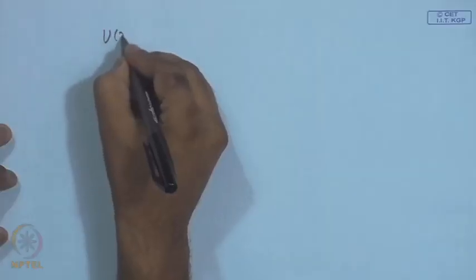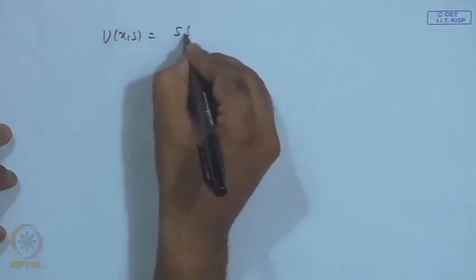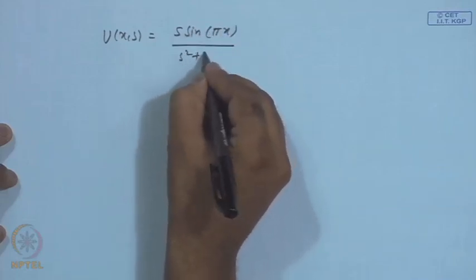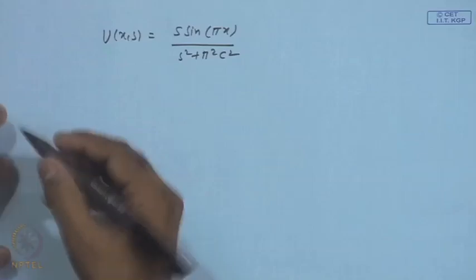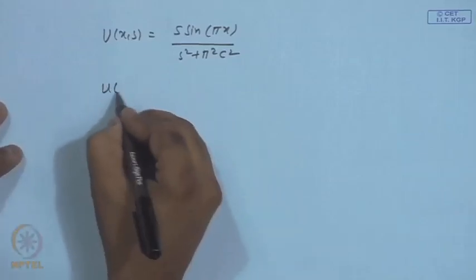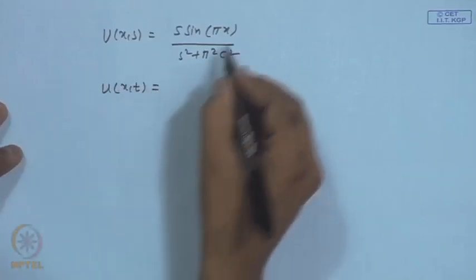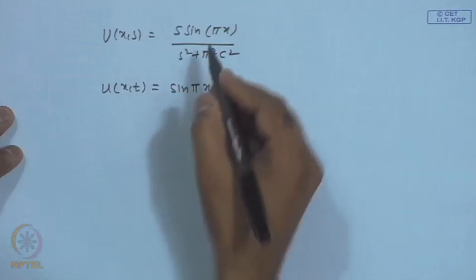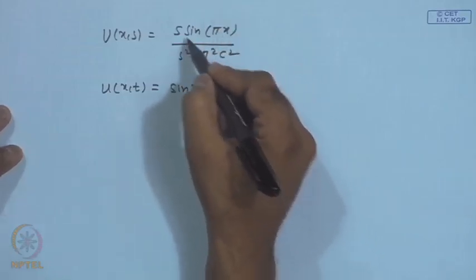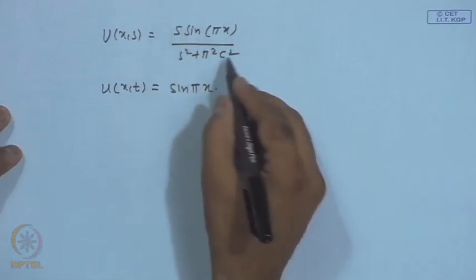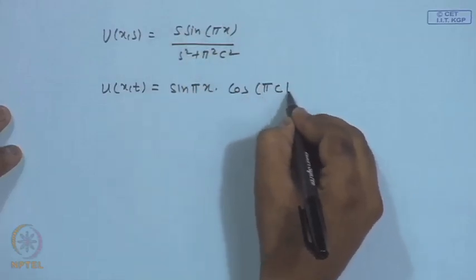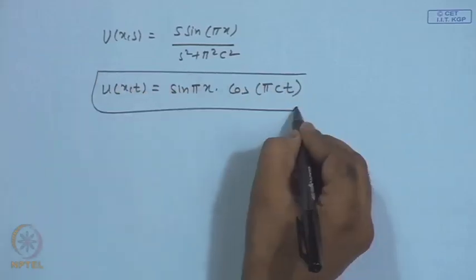So our solution would then be U(x,s) is s sin pi x over s square plus pi square c square, and now we take the inverse Laplace transform. So we have u(x,t): this is sin pi x, independent of t or of s, and then s over s square plus pi square c square gives cos pi c t. So this is the solution of the given wave equation.